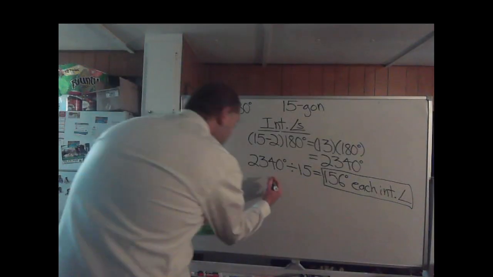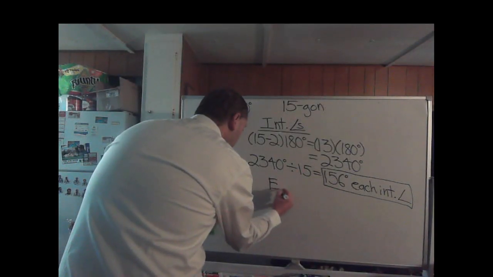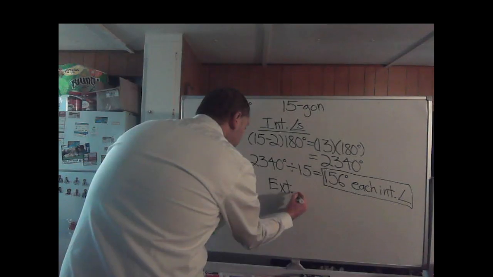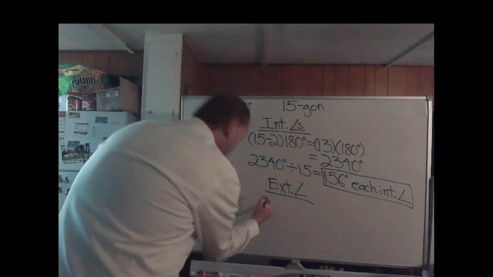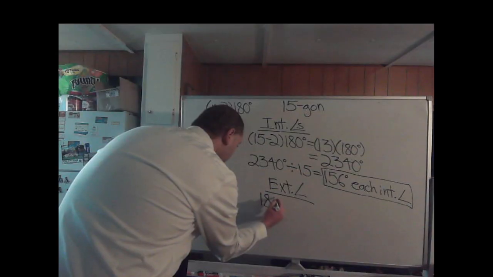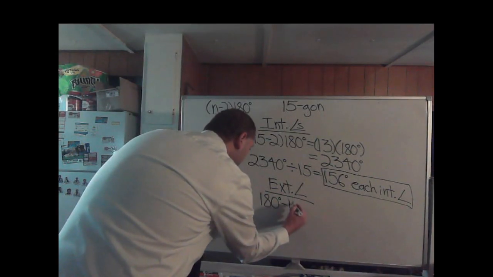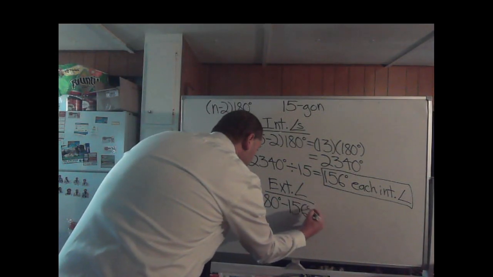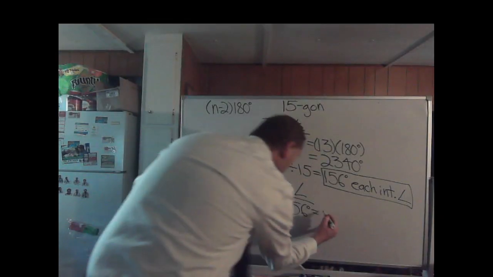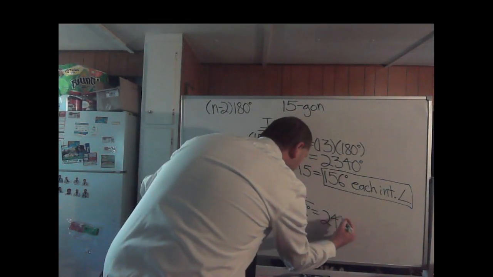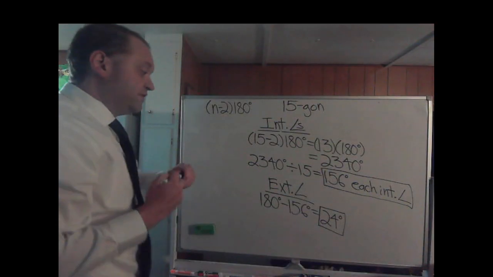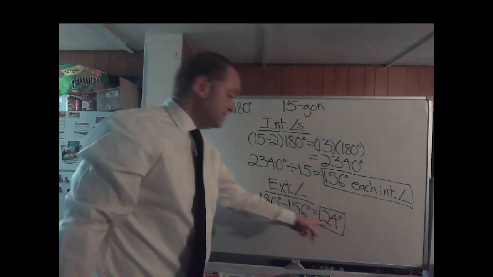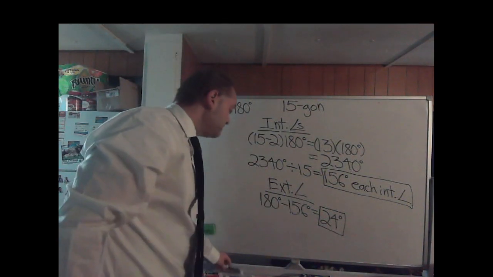Now to find the exterior angle, let's find the measure of one exterior angle of a regular 15-gon. You just take 180 degrees minus 156 degrees, which equals 24 degrees. So the measure of each exterior angle of a regular 15-gon is 24 degrees.